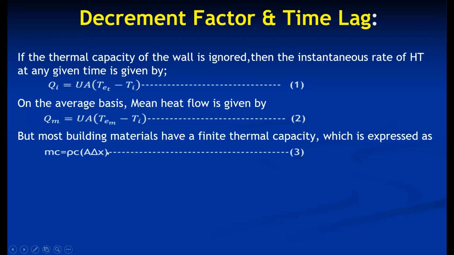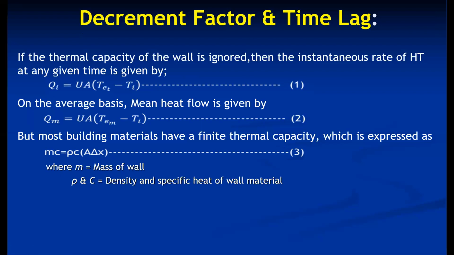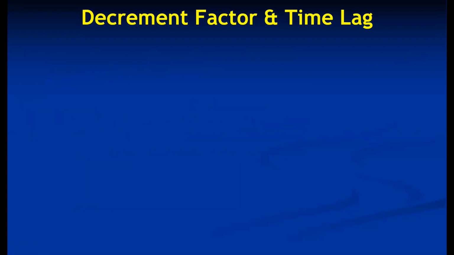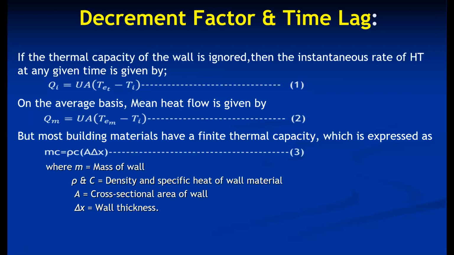Here M is the mass, rho and C are the density and specific heat of the wall material, A is the cross-sectional area of the wall, and delta X is the thickness of the wall. So this is the thermal capacity.